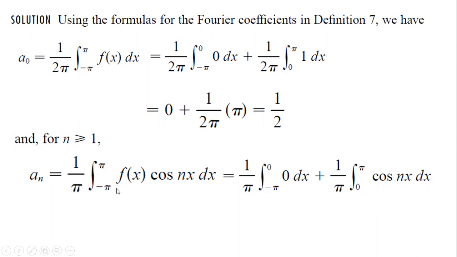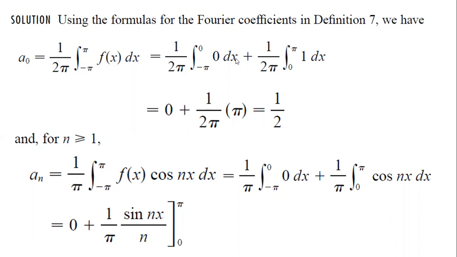Then plus 1 over pi times the integral from 0 to pi, where the value of f of x is 1, times cosine nx dx. The first term is of course 0, so we're evaluating cosine nx dx from 0 to pi.